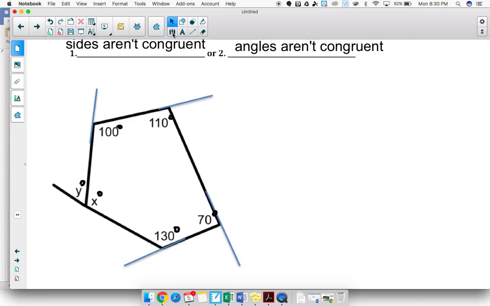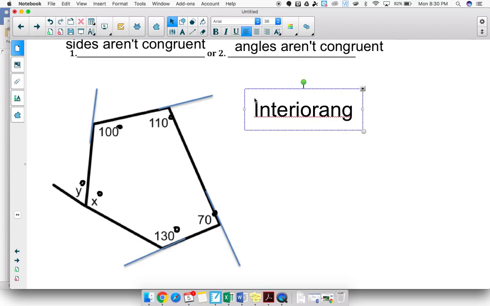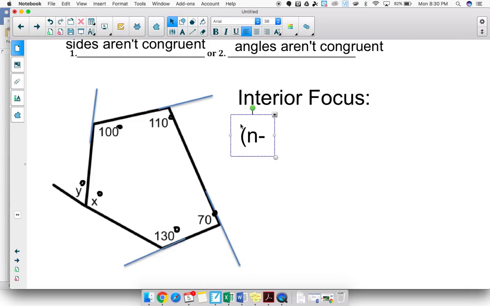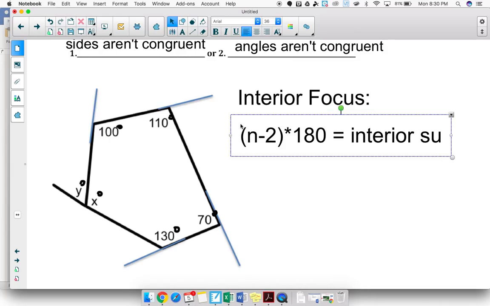Now that you've had a chance to think through that process, let me walk through a couple ways to think about this. Really, there's two different focuses to solving this problem. If we start with the interior focus, we're using the fact that the number of sides take away 2 times 180 degrees gives us the interior sum.